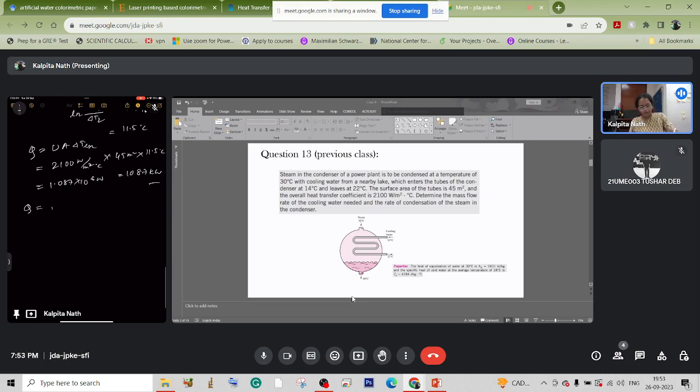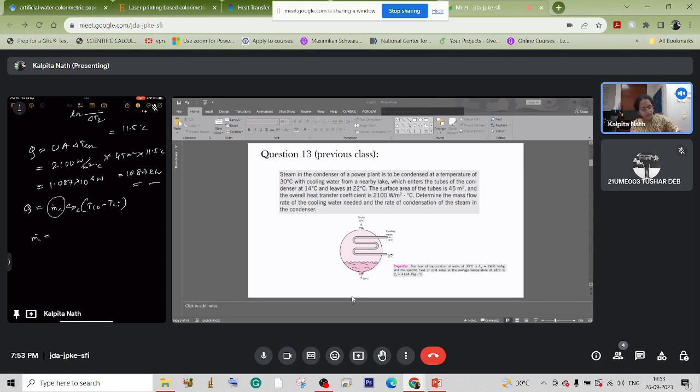Now Q is equal to mc cpc (tc naught minus tci). So we have already calculated this. Now the next work is what we need to find out. We need to find out the mass flow rate of the cooling water and the rate of condensation of the steam in the condenser, right? So mass flow rate of the cooling water means mc dot. So mc dot we need to calculate.